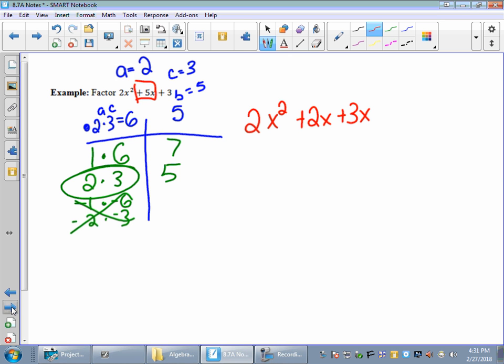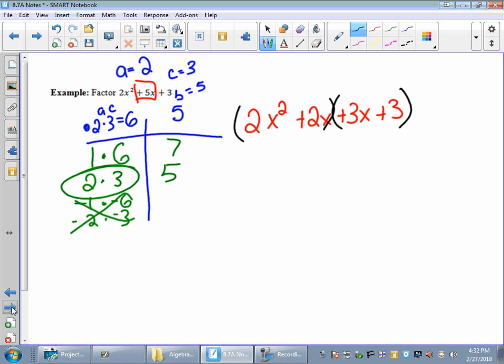And then that last term stays the same as well. Add my 3. Now that I have it as a 4-termed polynomial, I can go ahead and factor by grouping.